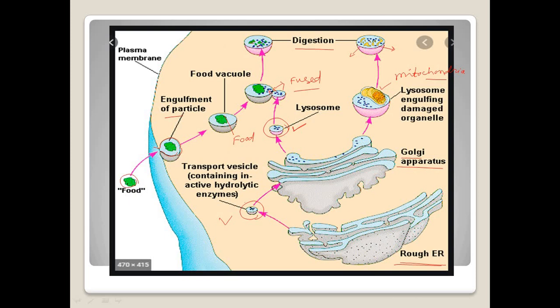The lysosome gets fused with this mitochondrion and releases hydrolytic enzymes, and by the process of hydrolysis it totally destroys the malfunctioning or damaged mitochondrion, so that the damaged cellular organelles can be removed from the cell cytoplasm. This is the major function of the lysosome. Okay, I hope it is clear now. I'm going to summarize what I have discussed here in a very precise way.